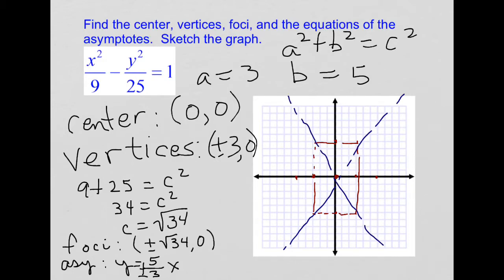So there's our asymptotes. Then we know our hyperbola starts at the vertex and goes as quickly as it can towards the asymptote. And that happens on both sides. And that's how you graph a hyperbola with center at 0, 0.